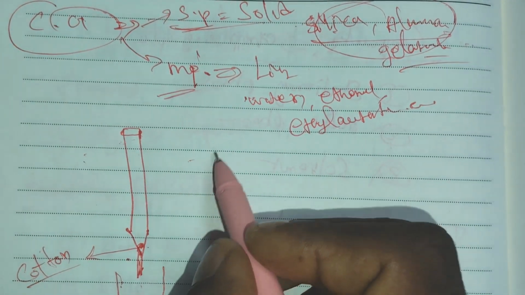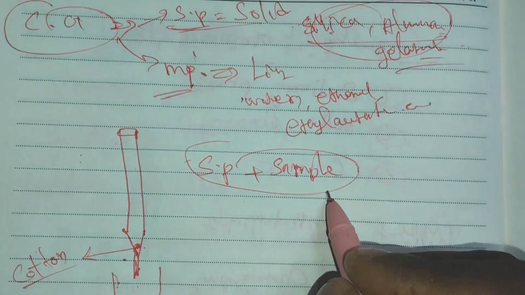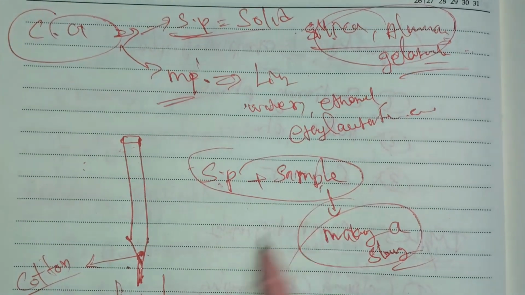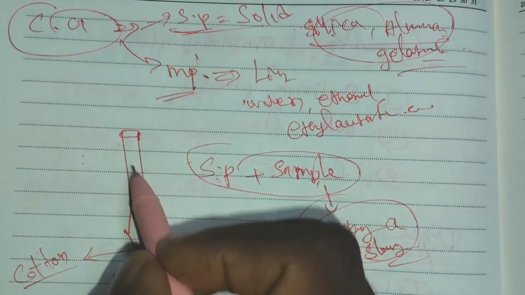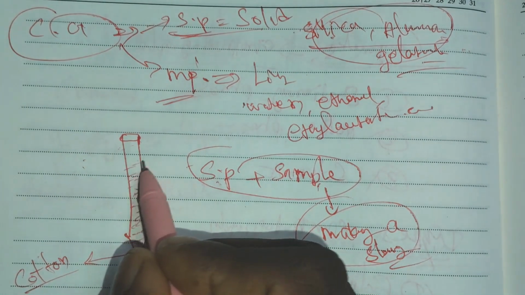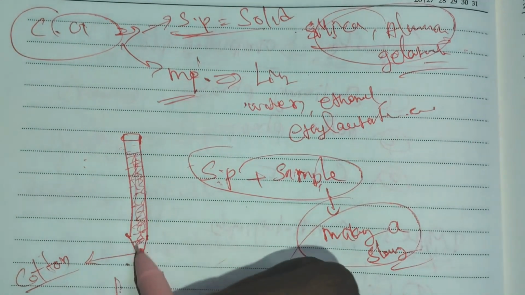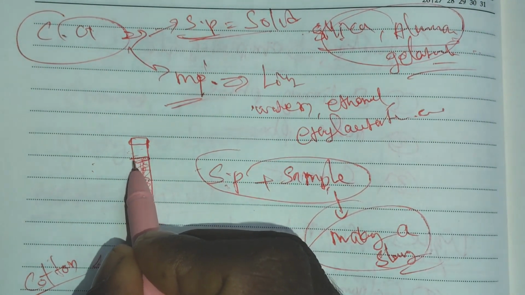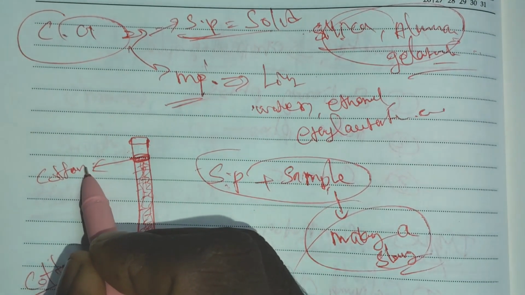Next, the sample plus the stationary phase is made into a slurry using a small amount of solvent. That slurry is filled in uniformly, without cracking, in the column. Then we fit cotton again on top.